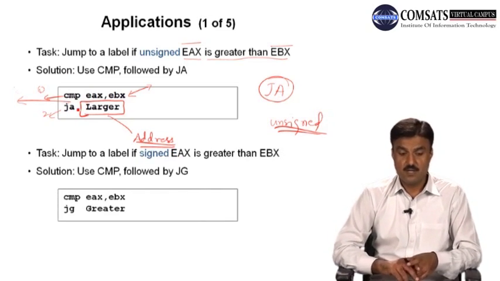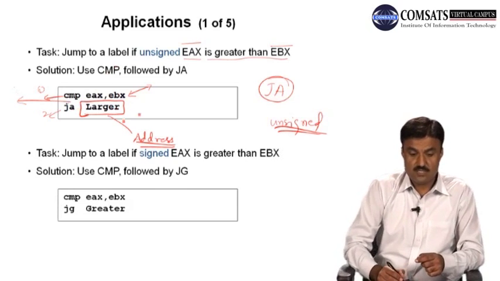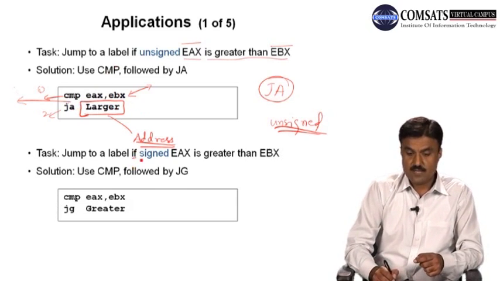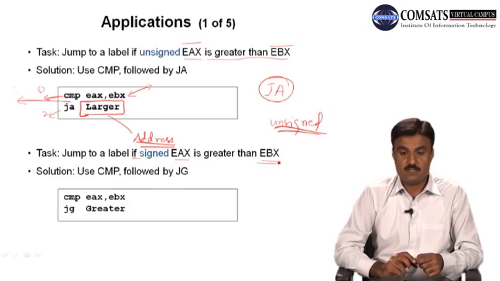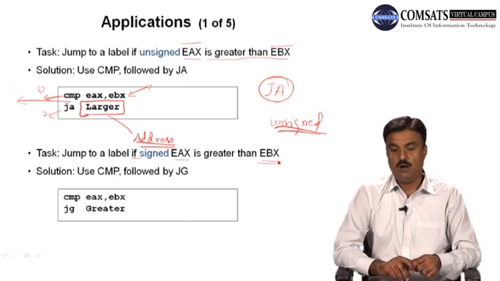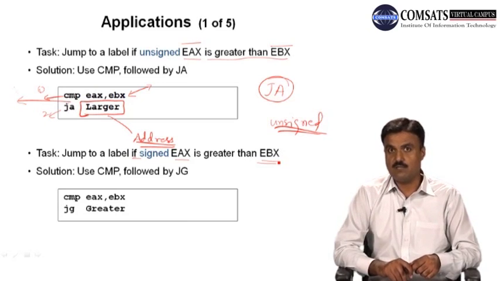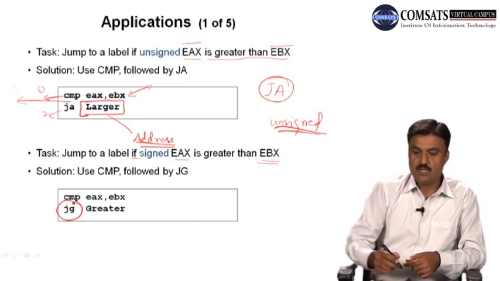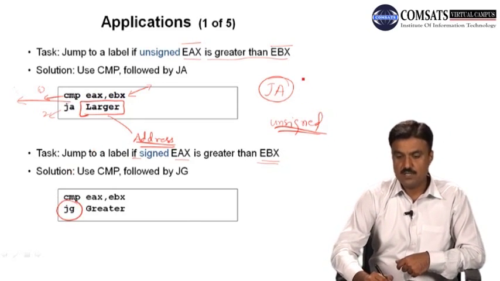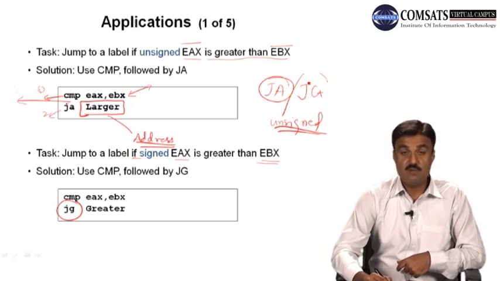The second task is to jump to a label if signed EAX is greater than signed EBX. If these two registers contain signed values, then definitely we will use JG. As we discussed, JA and JG are two similar instructions.